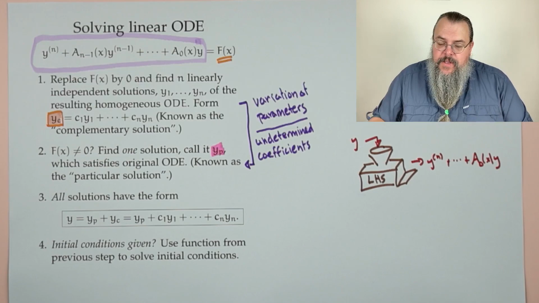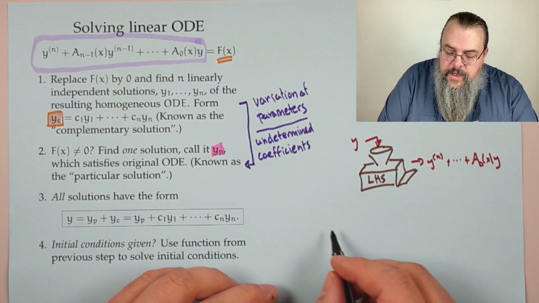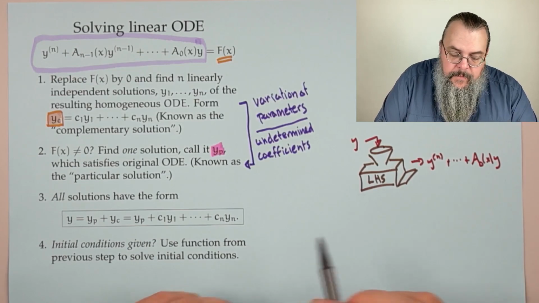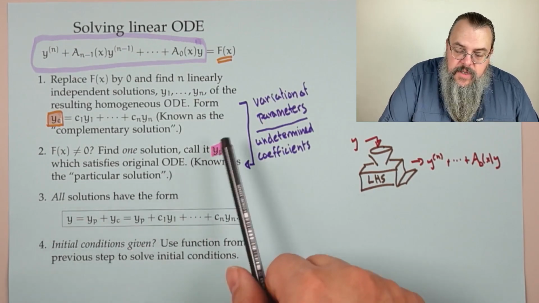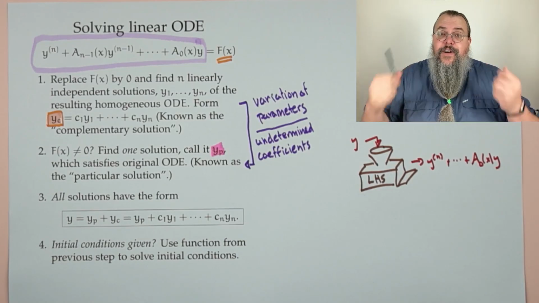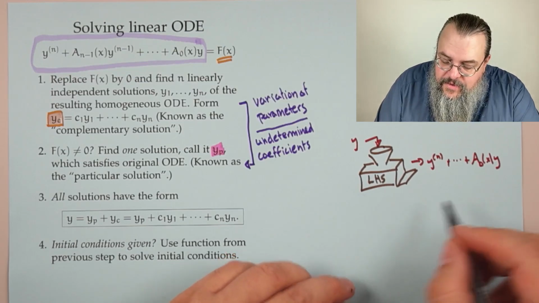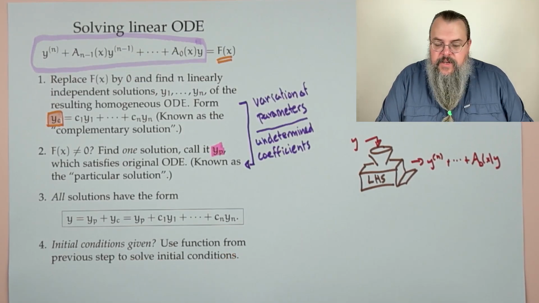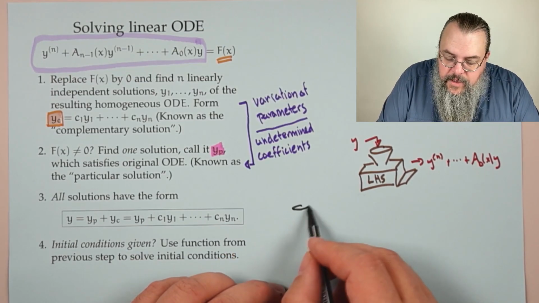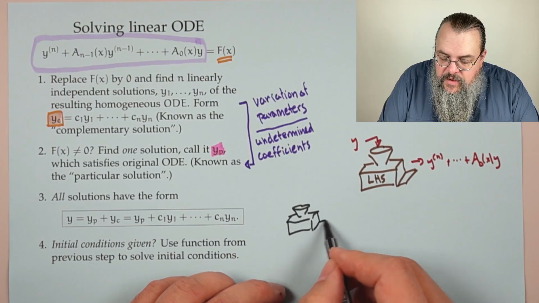Now, we know that for this machine, we actually have two things. When we plug in our y sub p, what happens? Out pops f of x, because it solves the original equation. My picture is going to get a little crowded here, so bear with me as I keep drawing these little machines.